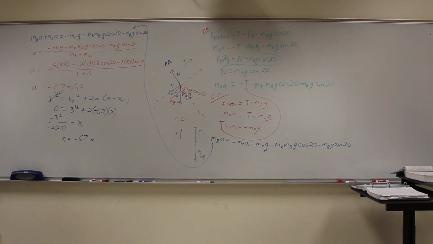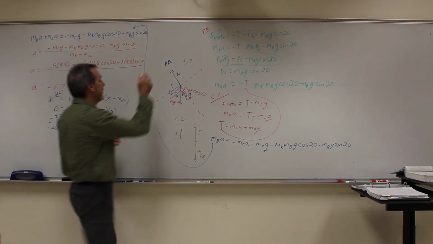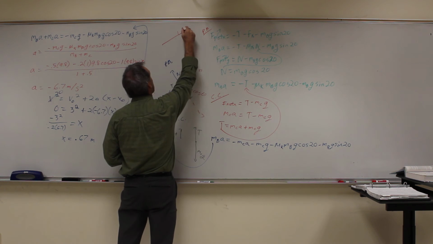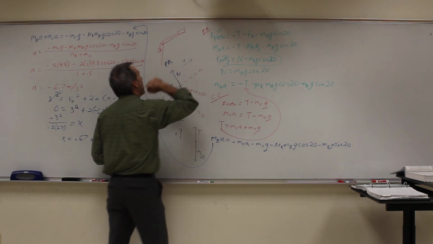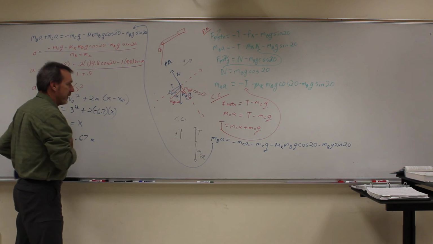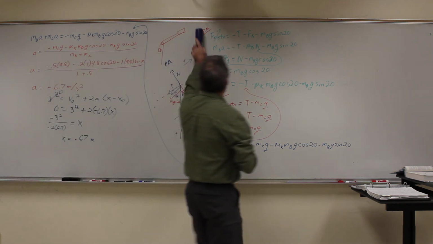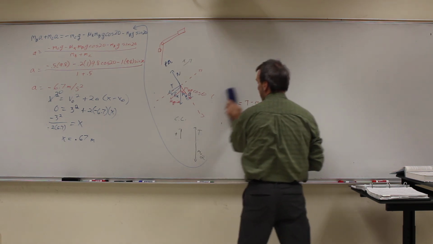All right. Now, the second question is, when it gets to that top part, so the book's up here, it's slid up to here, still connected to the coffee cup. Will it slide back down? If it's going to slide back down, it's going to change our free body diagram.